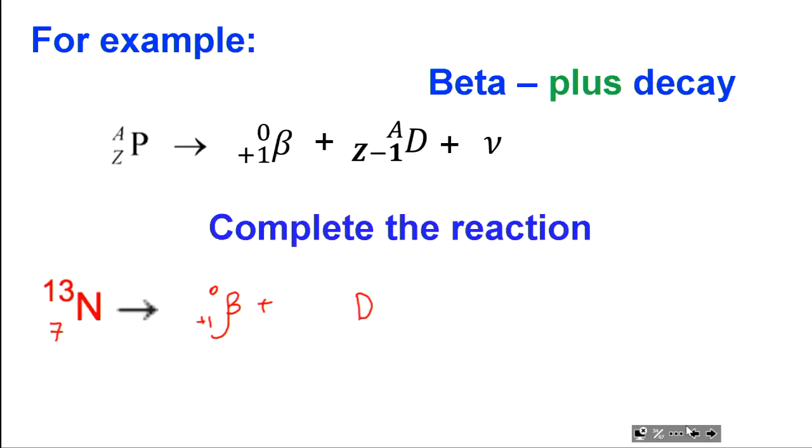It should be 6, 13. So this element, 6, is carbon. We get a radioactive isotope of carbon, not 12, which is stable, not 14, which is used for carbon dating, another one. Carbon has many, many isotopes.